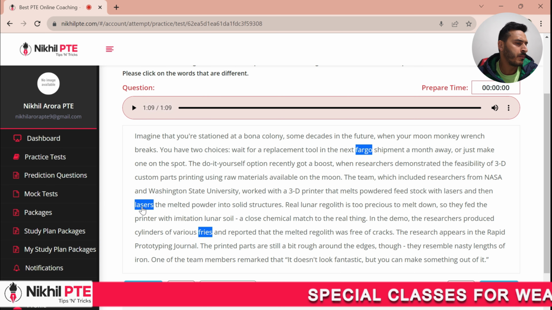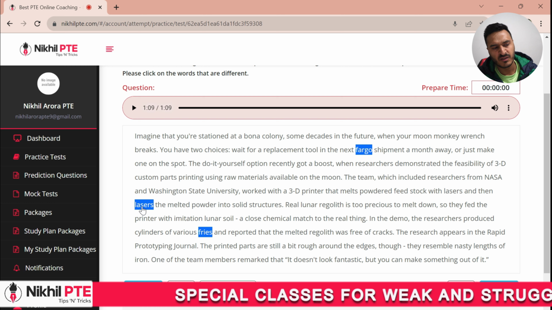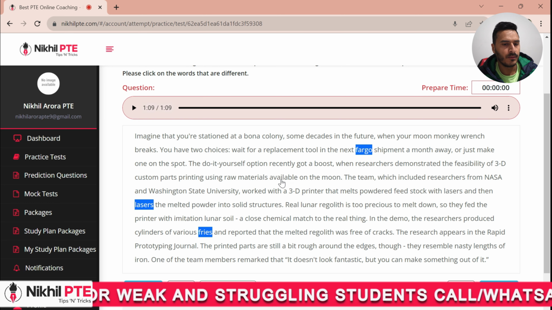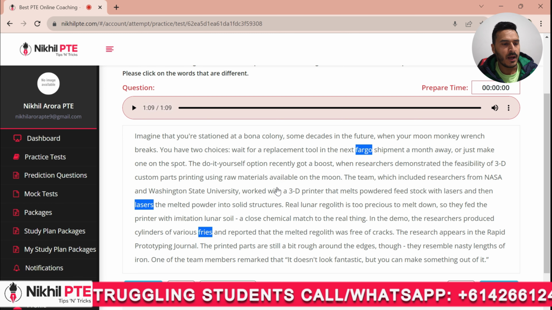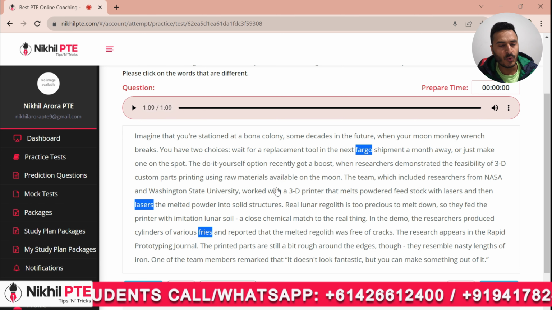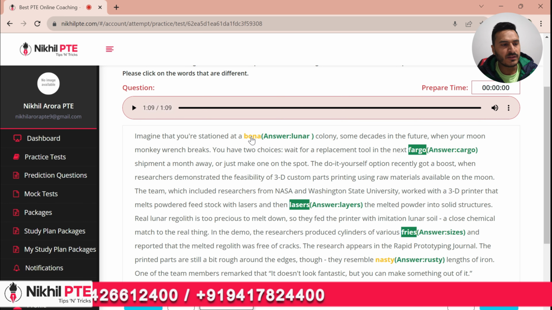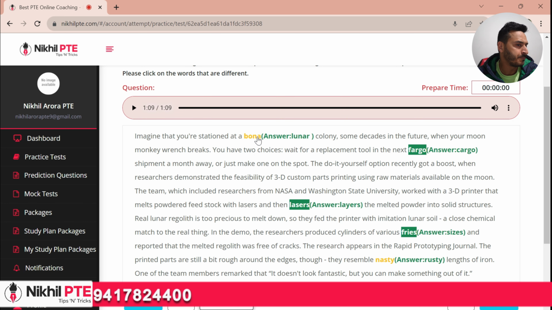So I'm not sure about this one. Lasers or layers. So I found only three. Deadly sure I missed one or two words, but I am happy with that one. I was not sure about this word as well. Bona, lunar.